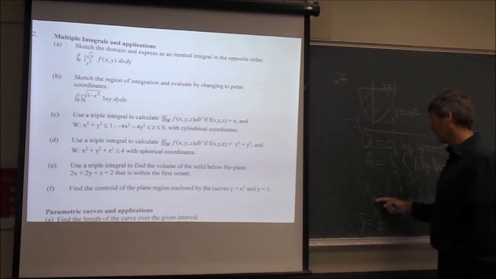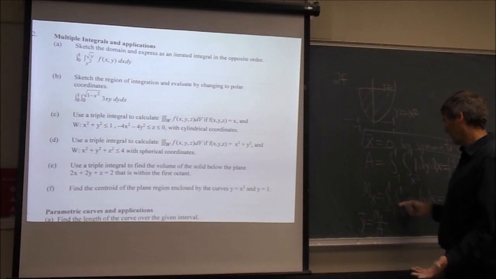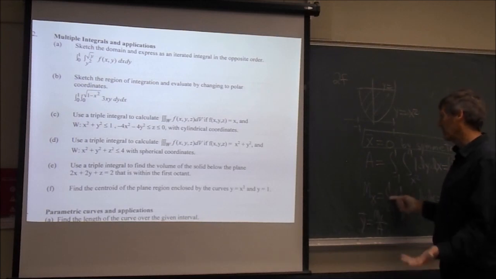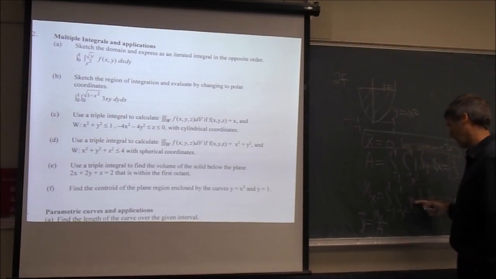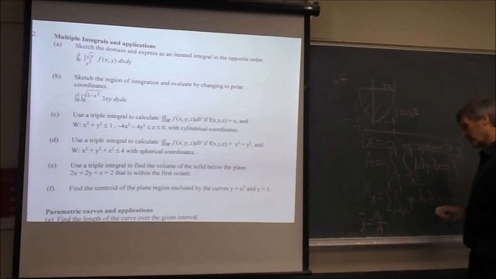Then I compute the moment of mass using density function 1. That's what this is. Area is really the mass using density function 1. You compute mx with exactly the same integration, just put y in there. And this gives you the moment of mass, if you will. You evaluate that integral, and that's mx.